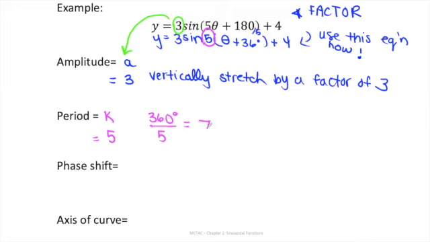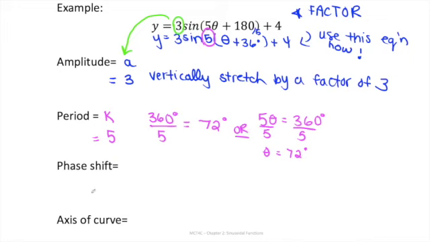So you're going to have a period of 72 degrees. Or if you wanted, remember, you can do 5 theta is equal to 360 degrees. Divide both sides by 5. Theta is equal to 72. That was on that one slide. It's up to you. You can do either or here.